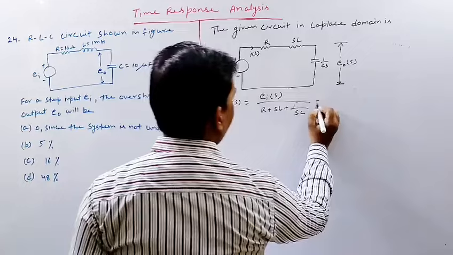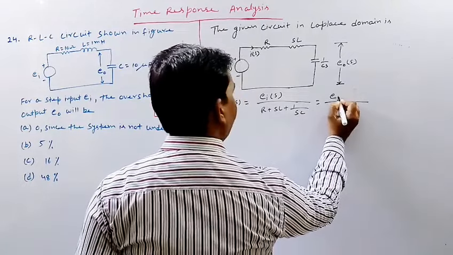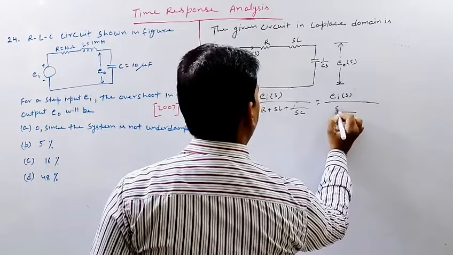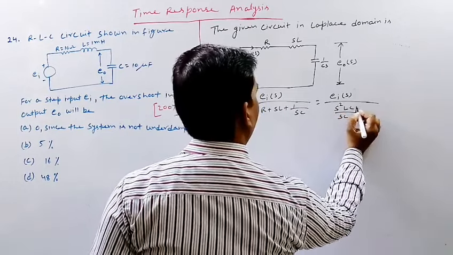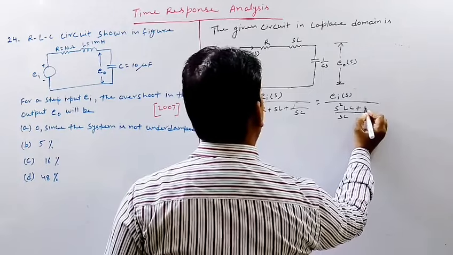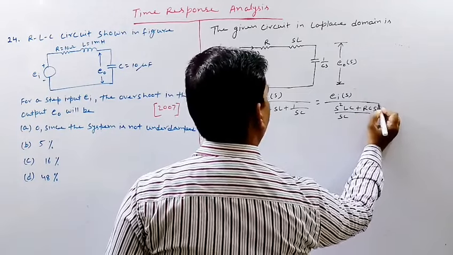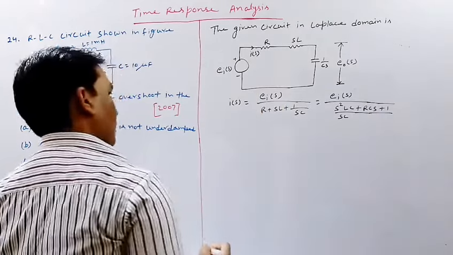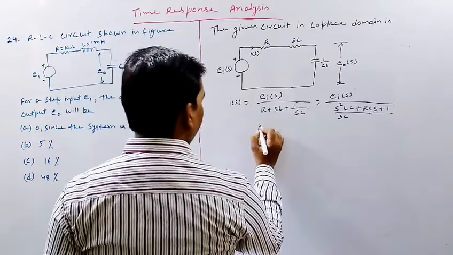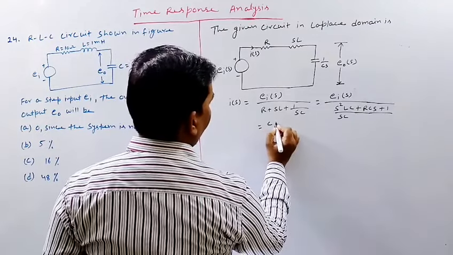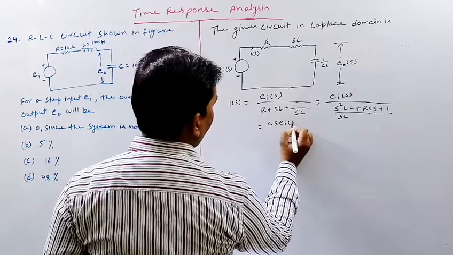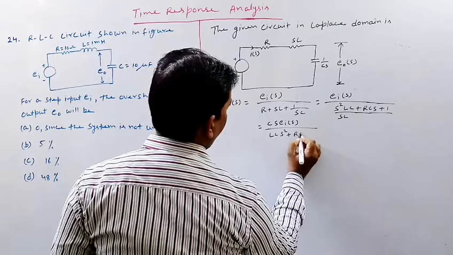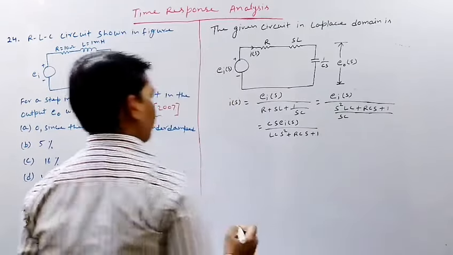Now if we add these terms, then it will be SC here, S square LC plus RC S plus 1. So it will be nothing but CS EIS divided by LC S square plus RC S plus 1.